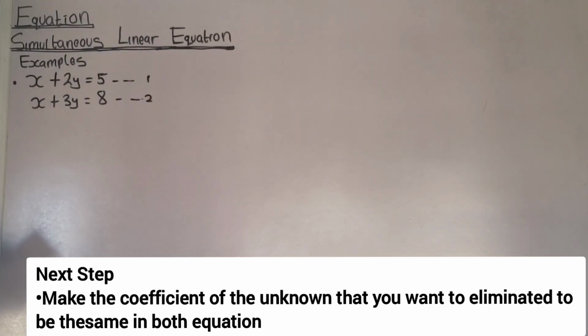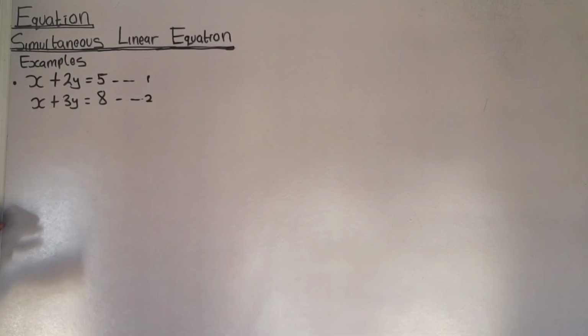Now, look at this. I have positive 1 here and positive 1 here. Though invisible, the 1 is invisible, but I know that 1x is the same thing as x. Now, the next step is that I'm going to subtract equation 2 from equation 1.